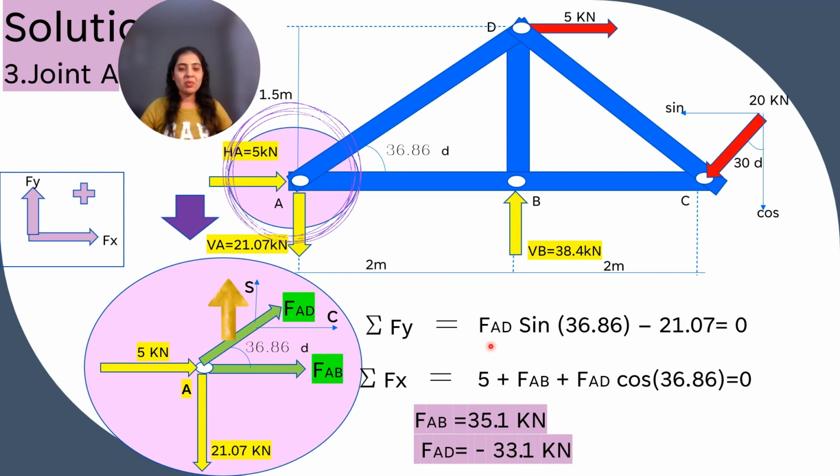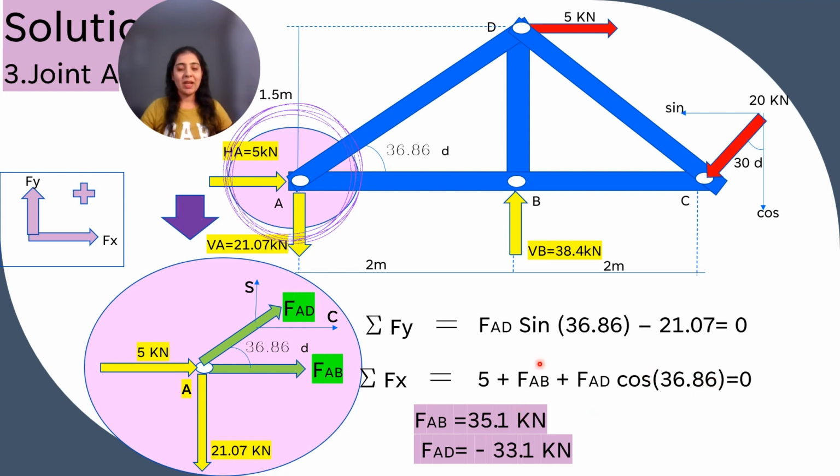So summation of Fy is FAD sine of 36.86 minus 21.07, and the summation of Fx equation is this 5 kilonewton plus this FAB plus this cos component, FAD cos of 36.86, is equal to 0.